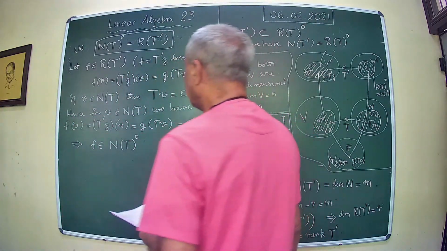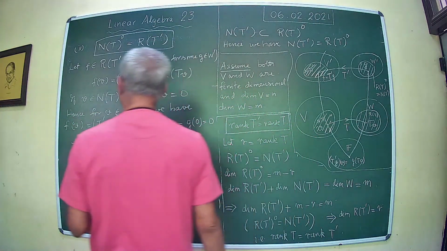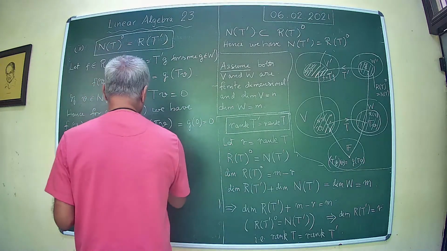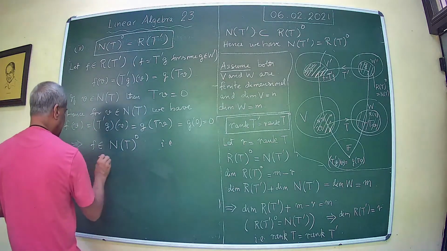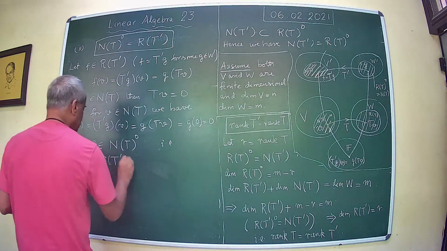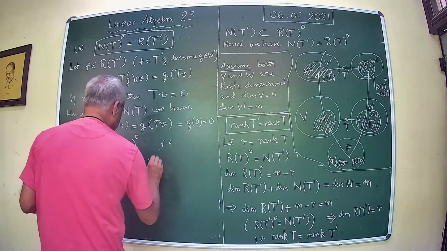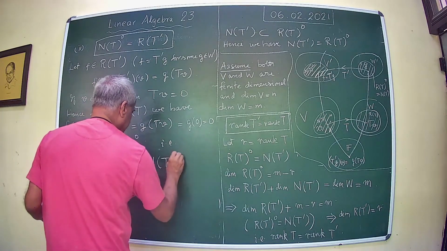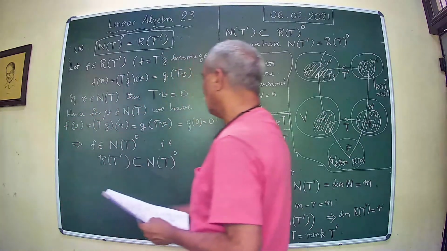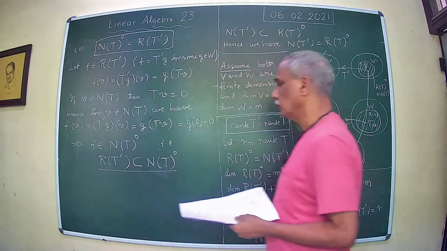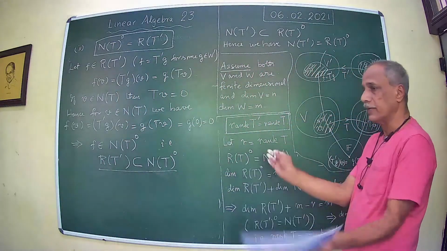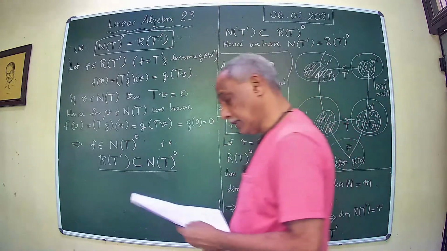What does it mean? It means that RT prime is contained in the annihilator of NT. So we have proved one part of the inclusion. Okay. Now we have to conclude that they are the same. How do we do that?